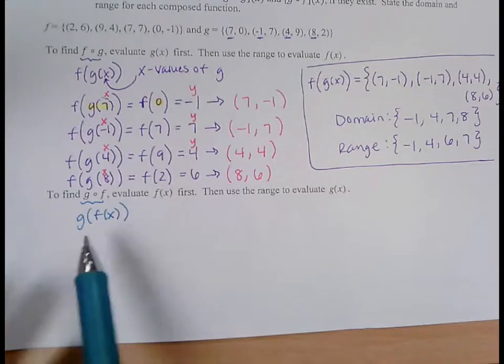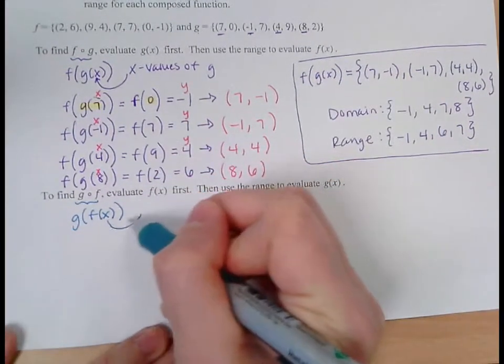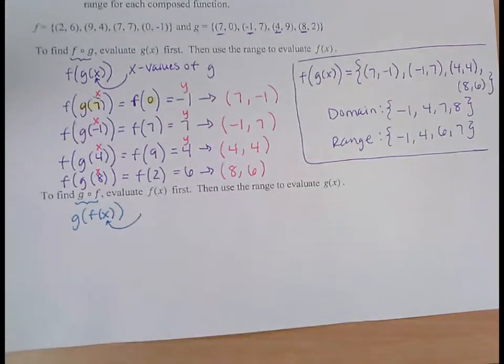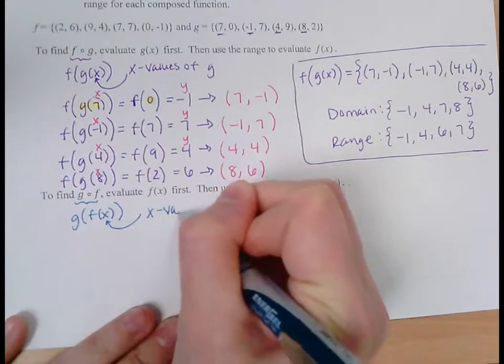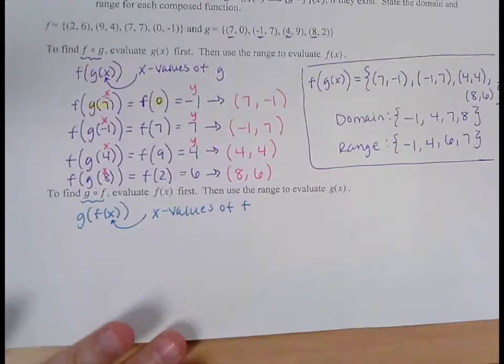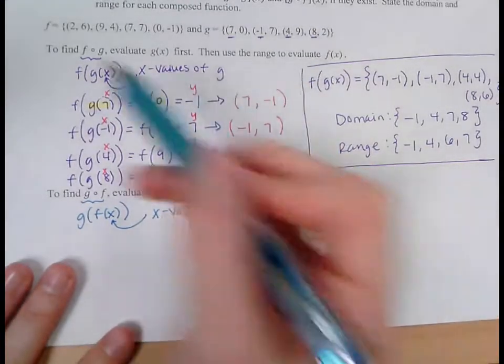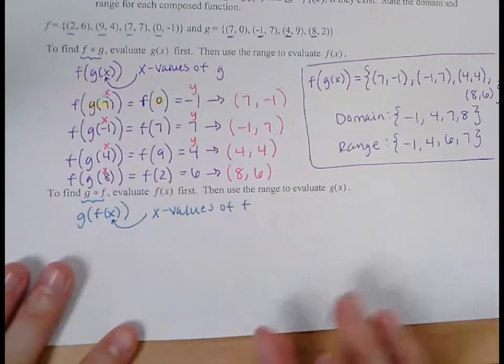So this is just an alternative way to write it. And so what this means is x first gets substituted into f, and then that gets substituted into g. So the x values you should start with should be x values of f. So I'm going to underline those 4 x values in blue.